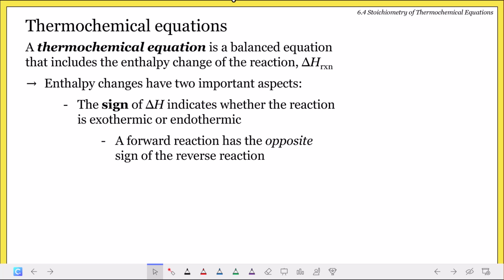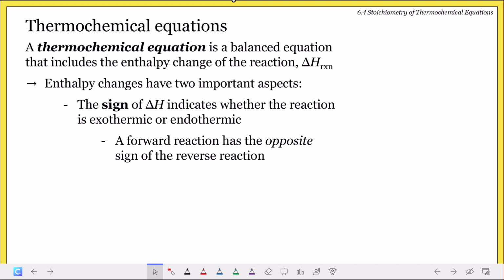We saw this previously when we were talking about these different processes. If I have energy leaving my system in the form of heat, then that's going to be an exothermic process, and the sign on my delta H is going to be negative because overall the energy of my system is decreasing. It's losing some energy in the form of heat.